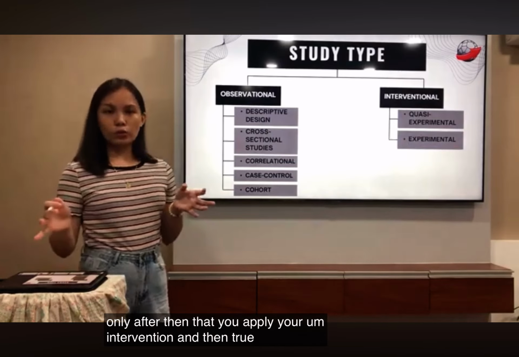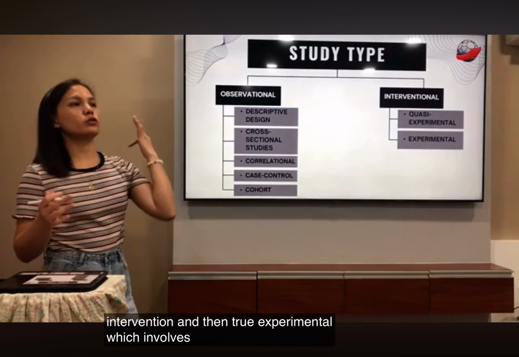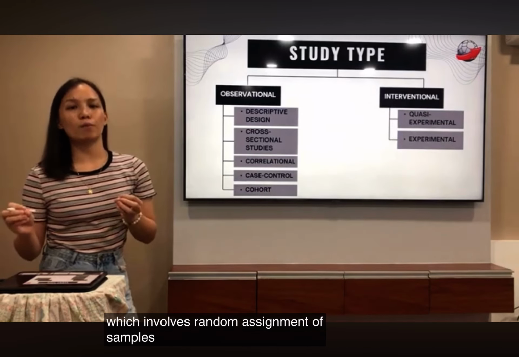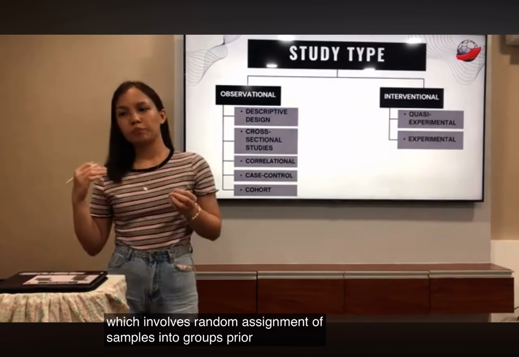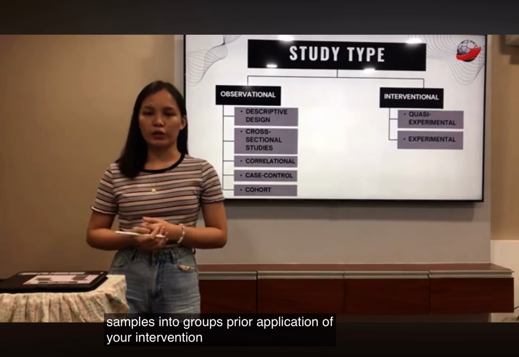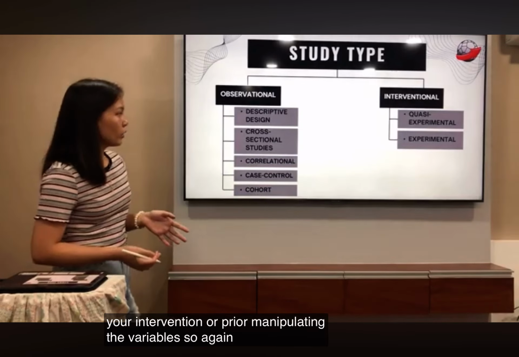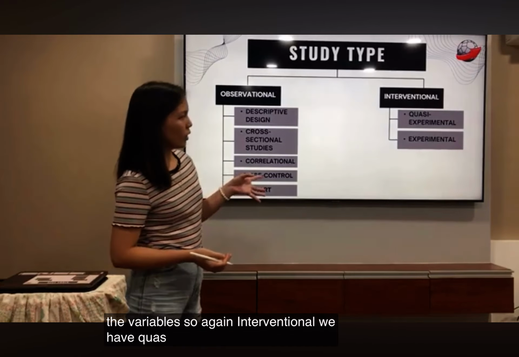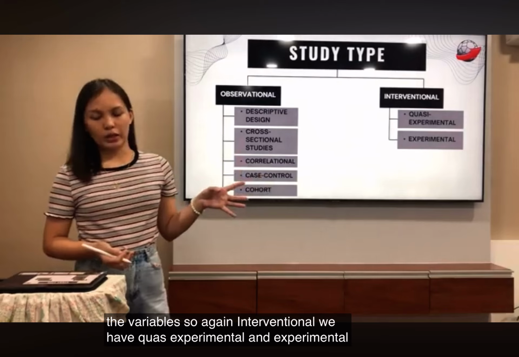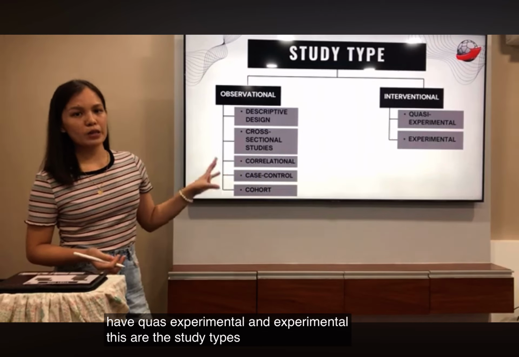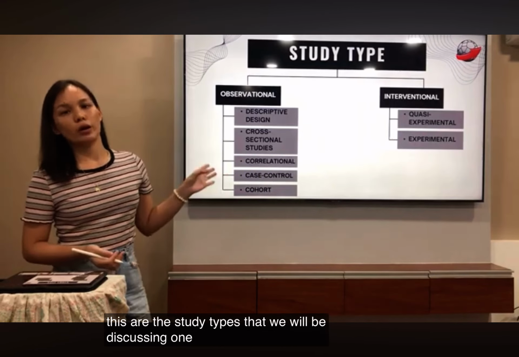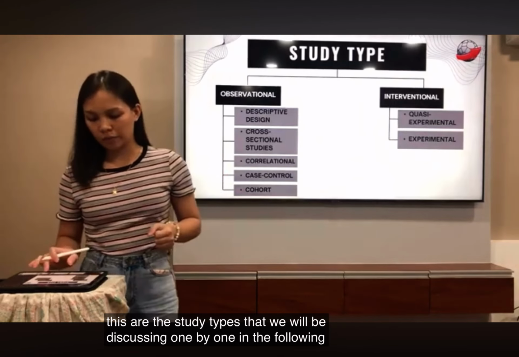And then true experimental, which involves random assignment of samples into groups prior to application of your intervention or manipulating the variables. So again, interventional, we have quasi-experimental and experimental. These are the study types that we will be discussing one by one in the following slides.